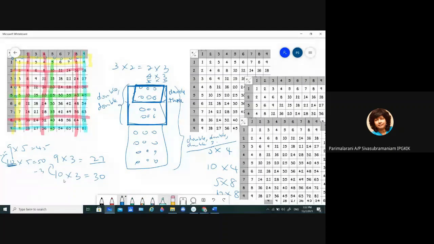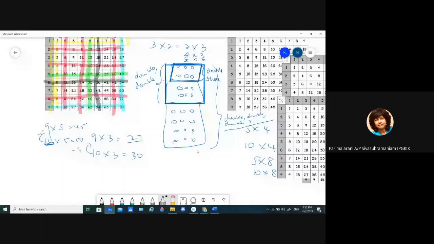And the last one is build up. Build up is for all the 6 facts. We want to teach 6 facts using build up. So how do we use it? We say we want to know what is 6 times 3.